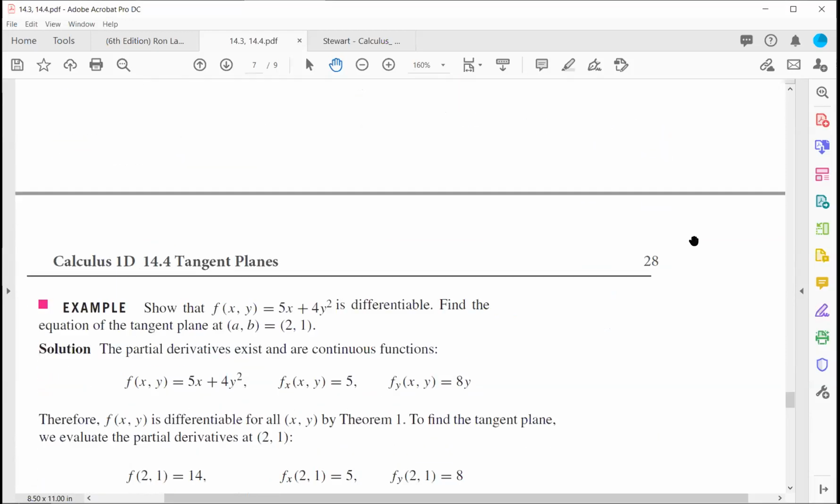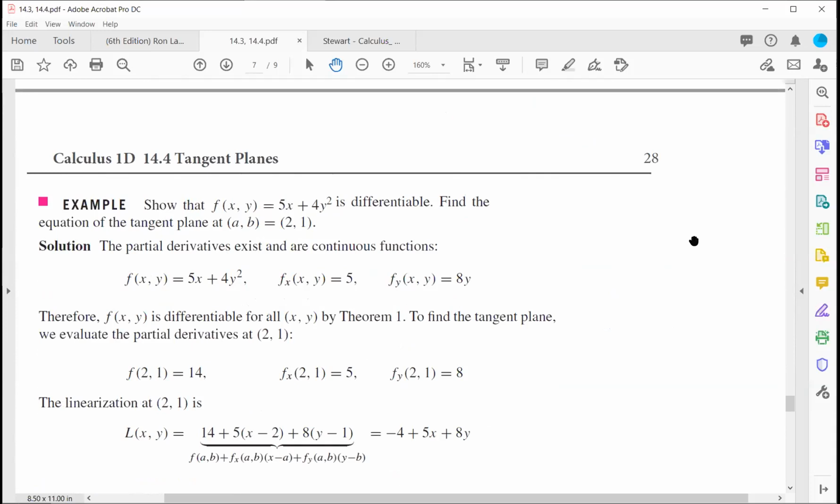What else do we have? Okay, another example for you. Suppose a function in two variables is given, 5x plus 4y squared, and you know that this function is differentiable. It says find the equation of the tangent plane at the given point 2 and 1. Perfect. So first of all, we have a nice formula.